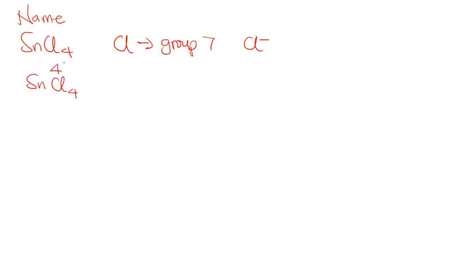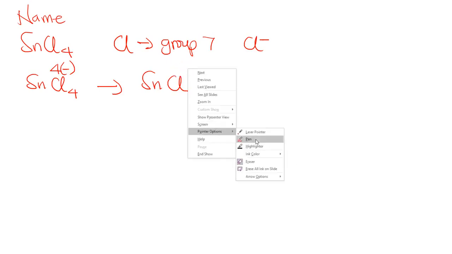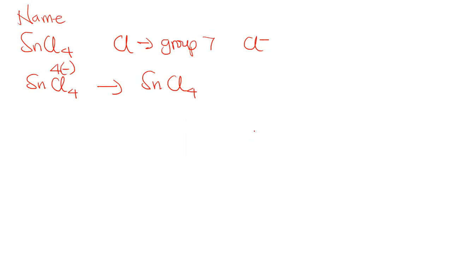So it will be 4 times minus on the part of the Cl. We are going to have SnCl4. The charge for all these chlorines is -4.